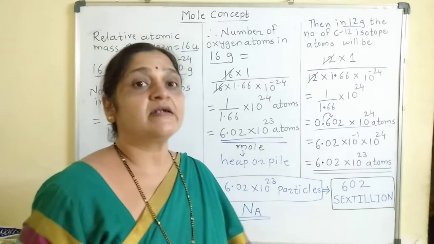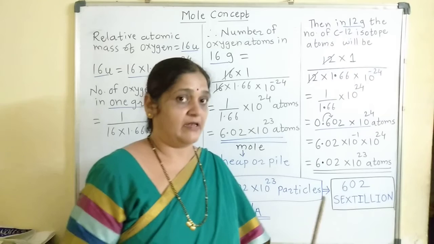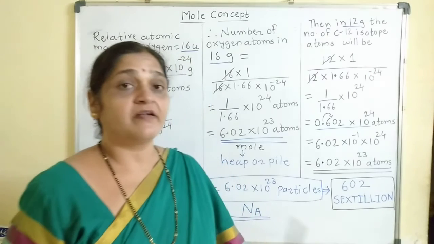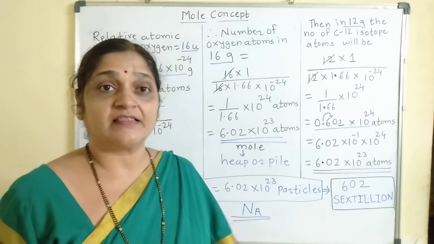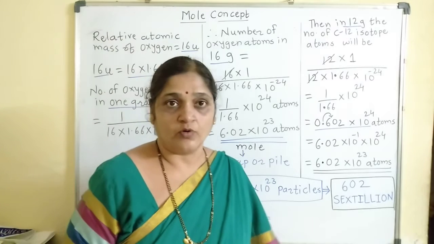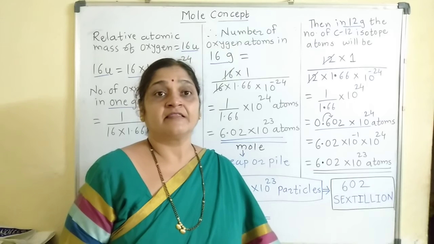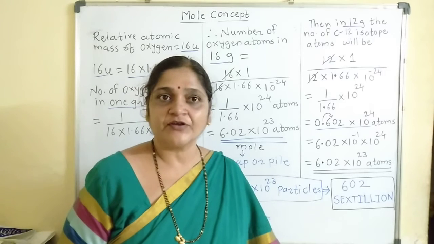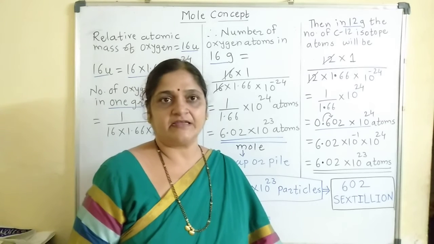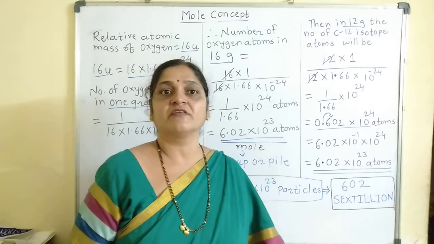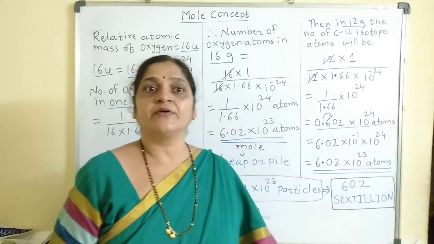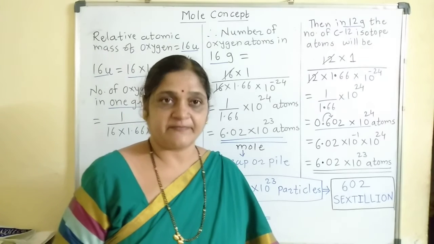He experimentally determined this value of 6.02 into 10 raised to 23 for 1 mole, and in this way this unit was introduced into chemistry, which is very useful for scientists doing different types of experiments.